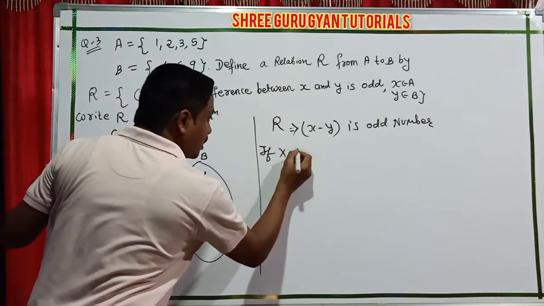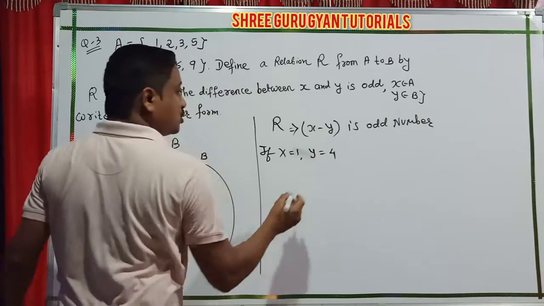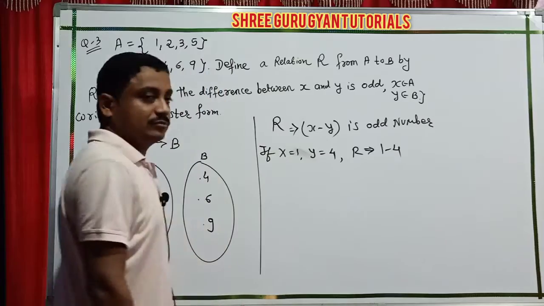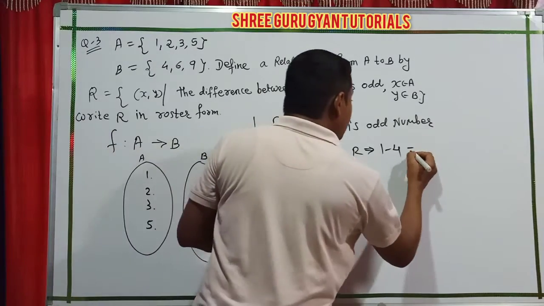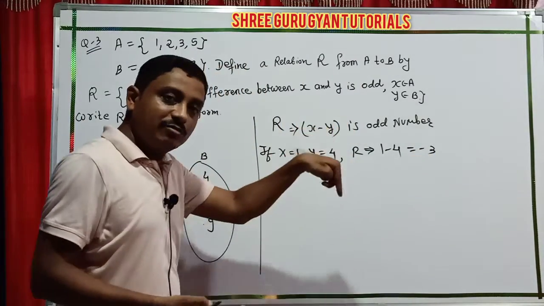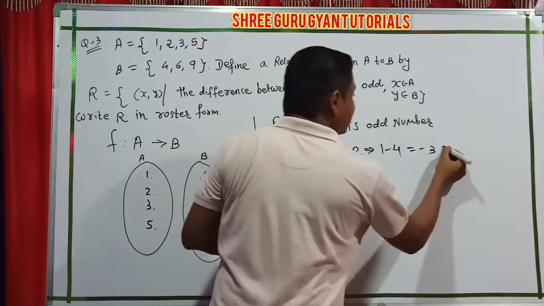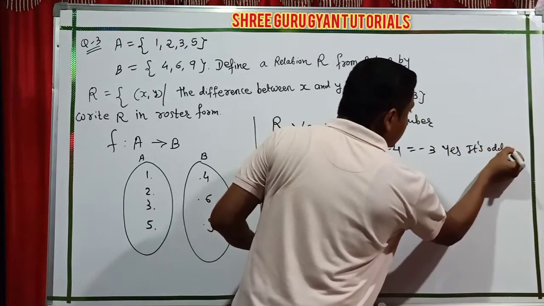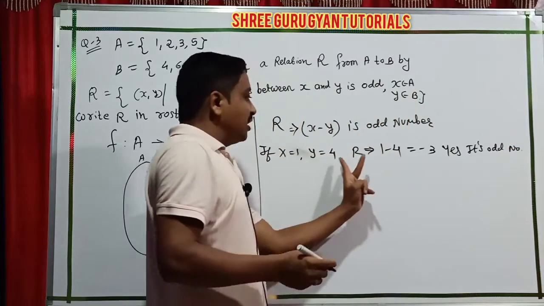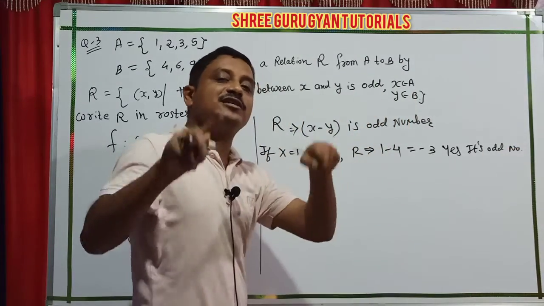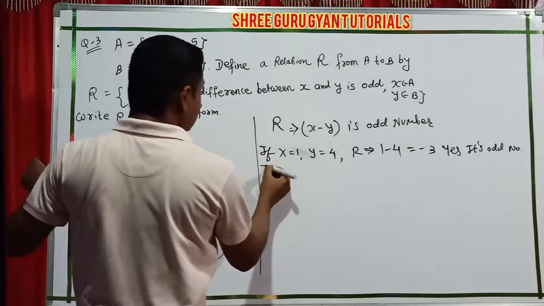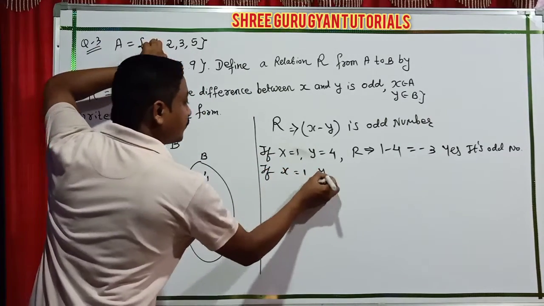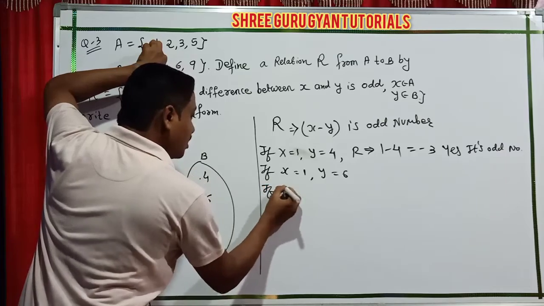If x is 1 and y is 4, what is the relation? 1 minus 4, the answer is minus 3. Check, is it an odd number? Yes, it is an odd number. You can also take 4 minus 1, that's why I take the modulus. Next, if x is equal to 1, now after that taking 6, same, if x is equal to 1.